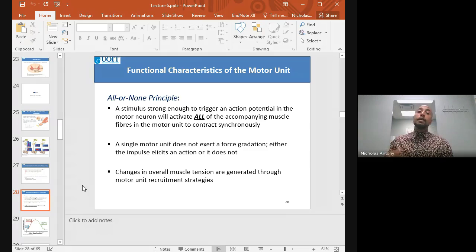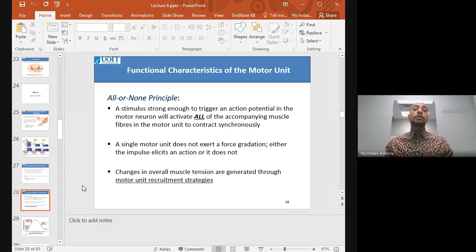Therefore, a single motor unit can't generate like 50% contraction. And I was saying at the beginning of the lecture that the ability of a muscle to contract a little bit or a lot is not going to be based on a gradation of a motor unit, because it's an all-or-none response.